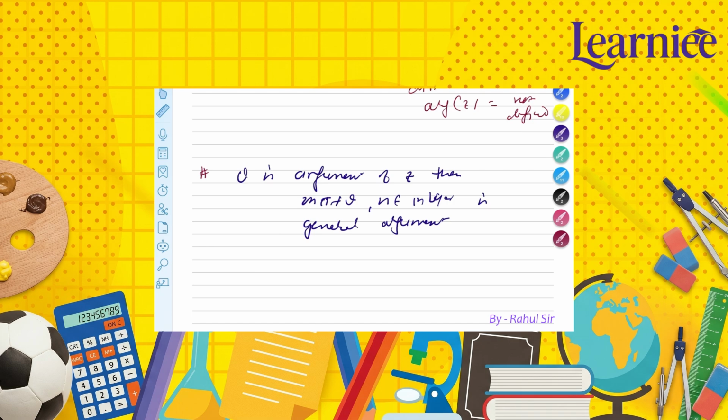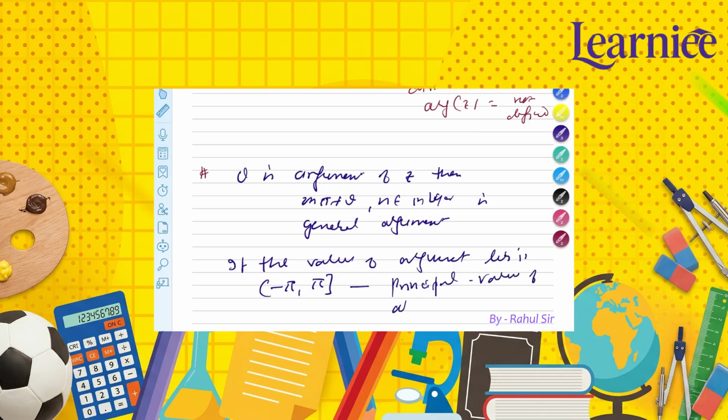Whereas if the value of argument lies in the open bracket minus pi to closed bracket pi, it is called the principal value of argument.